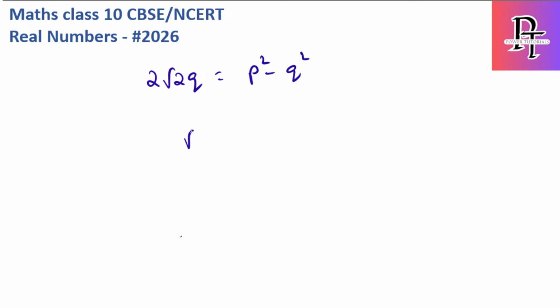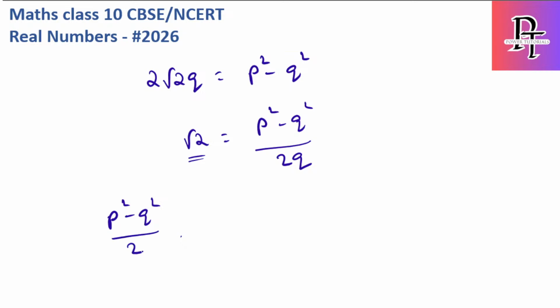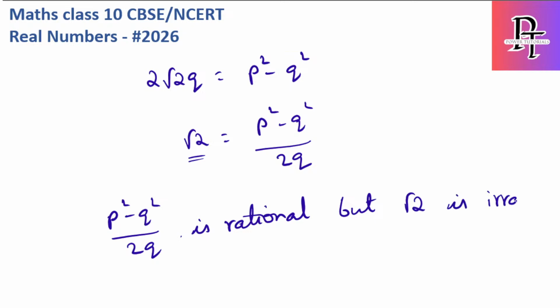Now I can simply remove, write only root 2. This becomes p square minus q square by 2q. So this is the final step. Now we can say root 2 is irrational, but p square minus q square by 2q is rational. So our assumption is wrong. We assumed root 2 plus root 3 is rational, but root 2 is irrational.